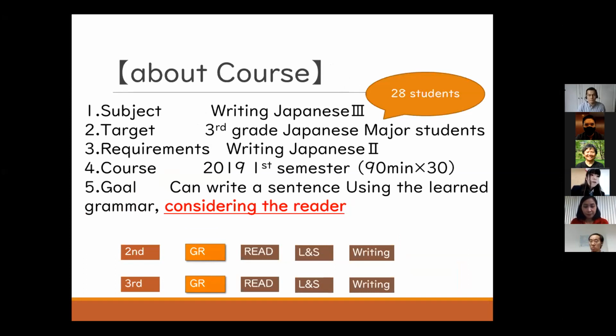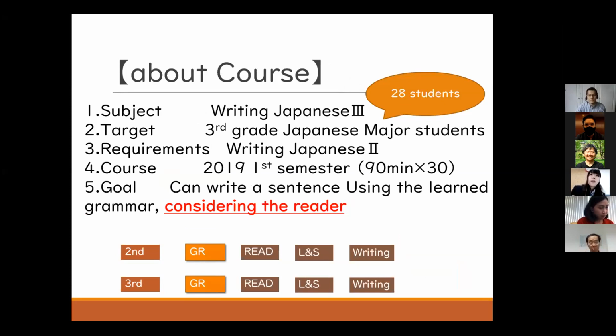And then I will show you the information about this writing course as follows. The subject name is Writing Japanese 3. The target is third grade students, Japanese major students. And there are 28 students in my classroom.